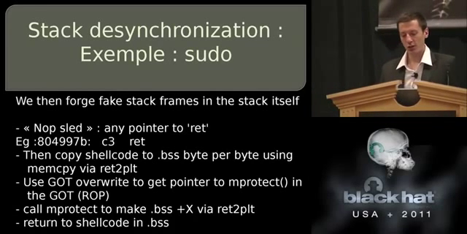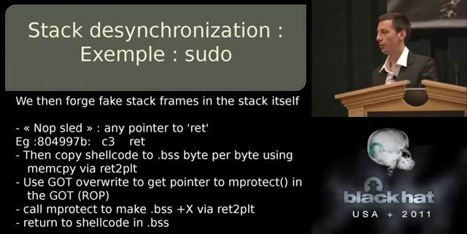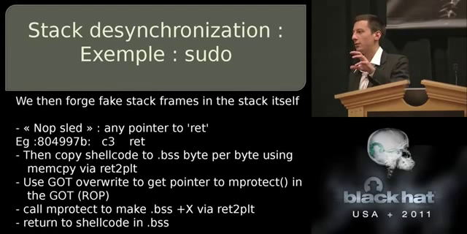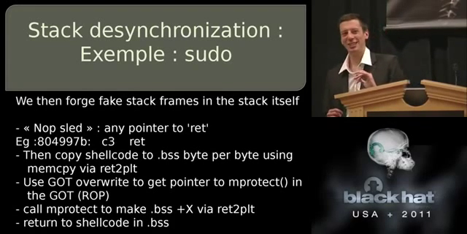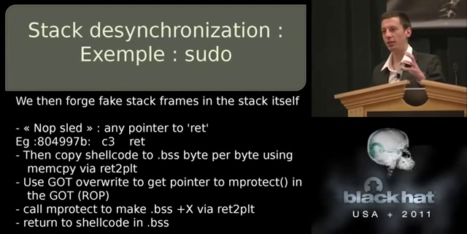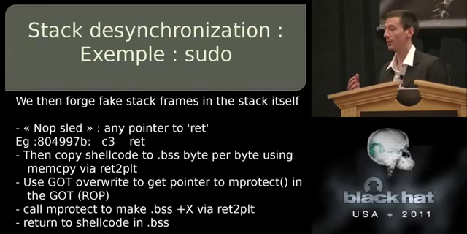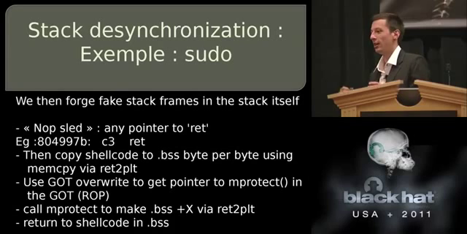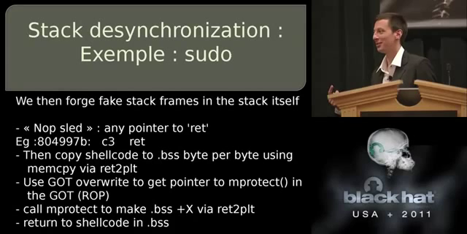So a strategy is to use ROP to read the content of the address of, say, printf inside the GOT. And since inside your C library the distance from printf to mprotect is a constant one, if you read the pointer from the GOT, add it the same constant offset and write it back to the GOT, next time you're going to call printf, you're actually going to call mprotect.